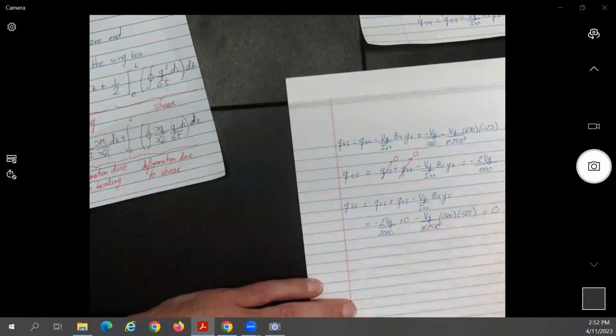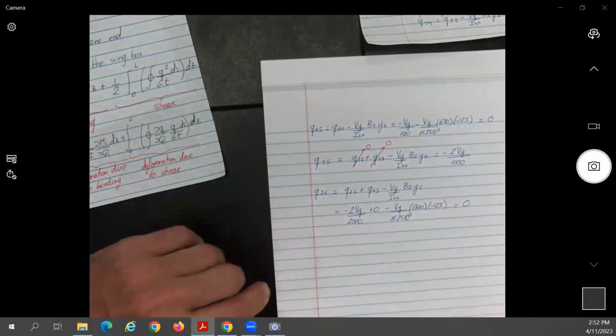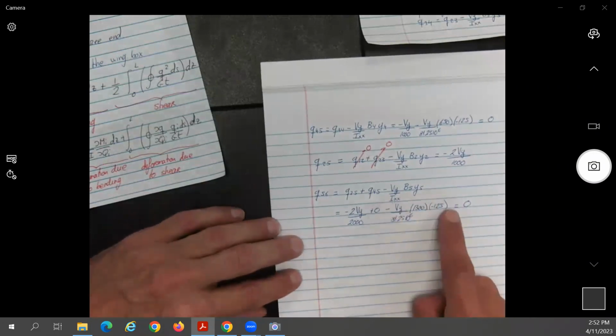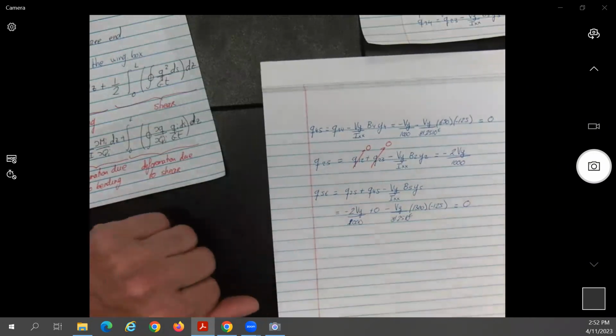So basically we get 0, okay? You can do the calculation, but we should get 0. Yes? So it's supposed to be minus 2. This term over here? Oh, yes, yes. 1000, correct. Thank you.